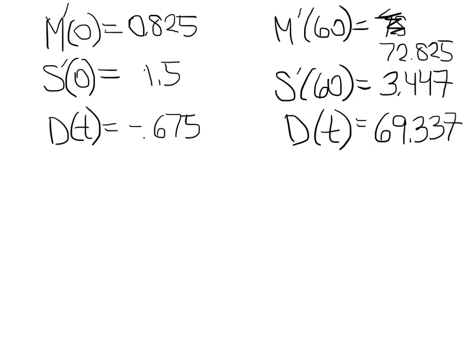So the question was to show that there exists a time where d of t equals 0. According to the intermediate value theorem, since the values range from negative 0.675 to 69.337, we are guaranteed that the value 0 will exist because this is a continuous function. There you go. That is the solution to problem 1.